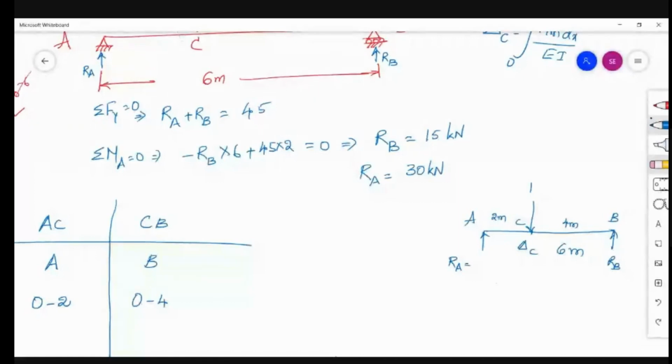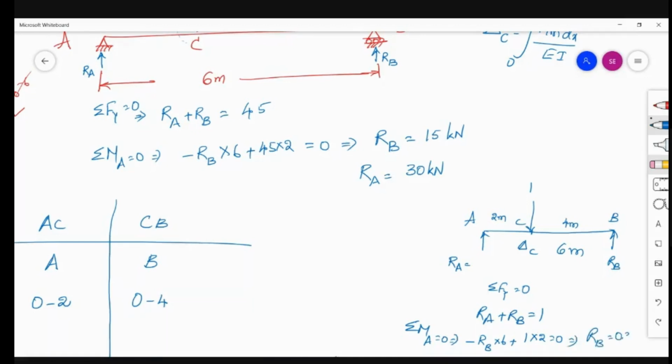Sigma Fy equal to 0: RA plus RB equal to 1. Take moment about A equal to 0: minus RB into 6 plus 1 into 2 equal to 0.